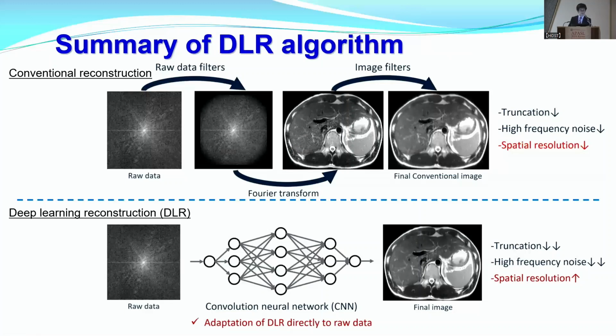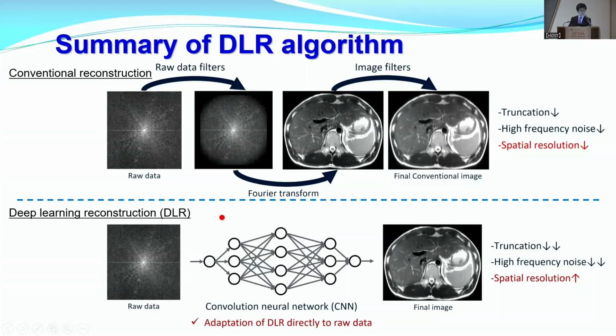The resultant image is further filtered to reduce image noise, and the final conventional image is transferred to the hospital. This conventional algorithm has the advantage of easily reducing truncation and high frequency image noise, while the significant disadvantage is reduced spatial resolution.